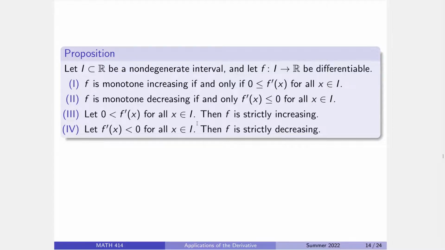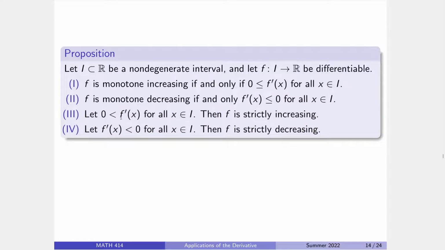Specifically, for any non-degenerate interval and a differentiable function on that interval, monotone increasing and monotone decreasing are each an if and only if. So if you're monotone increasing, your derivative has to be greater than or equal to 0. Likewise, if you're monotone decreasing, your derivative is less than or equal to 0. However, it's not an if and only if for strict.